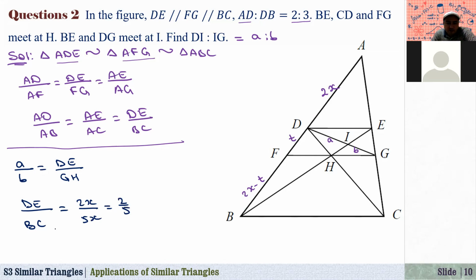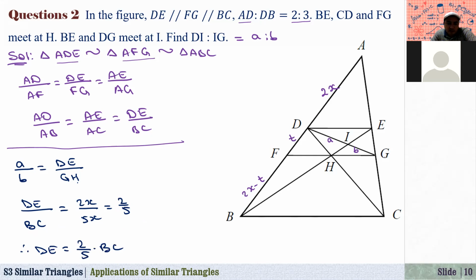So now I can find DE. DE is 2 over 5 times BC.